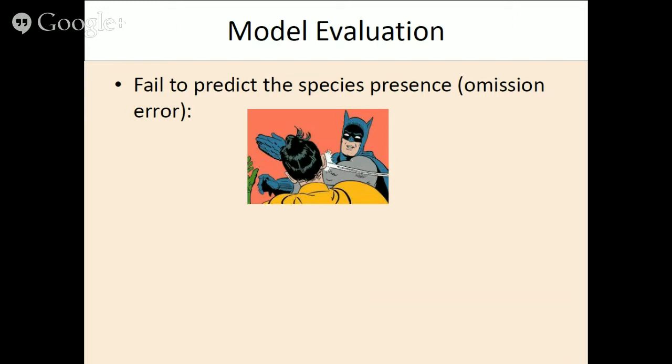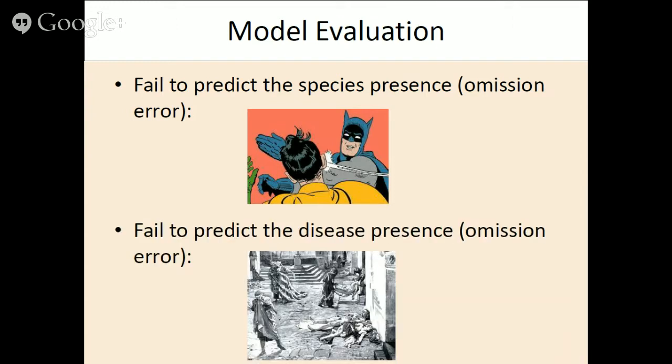We're going to talk more about it in the next classes, but if we fail to predict the species presence, maybe the consequences are not going to be very important. I mean, if you do not predict the geographic distribution of pandas, maybe the human population is not going to be very affected. But if you fail to predict the disease's presence, maybe you are going to have different consequences in human populations, and that is going to affect your work, right?